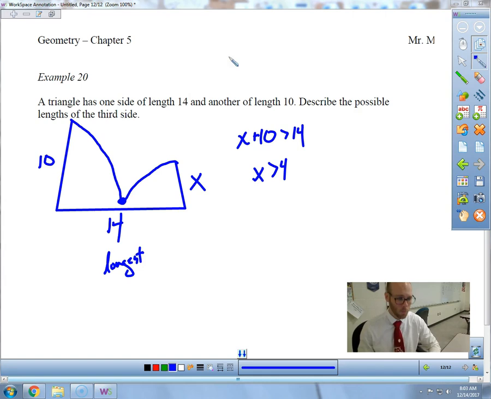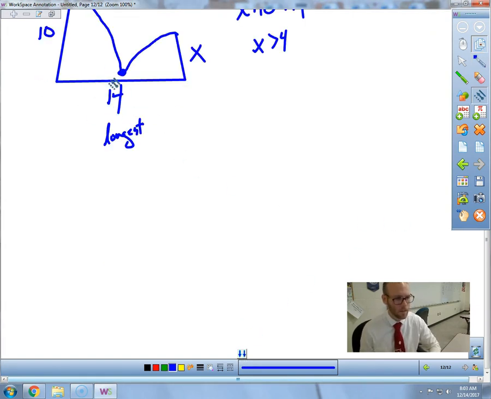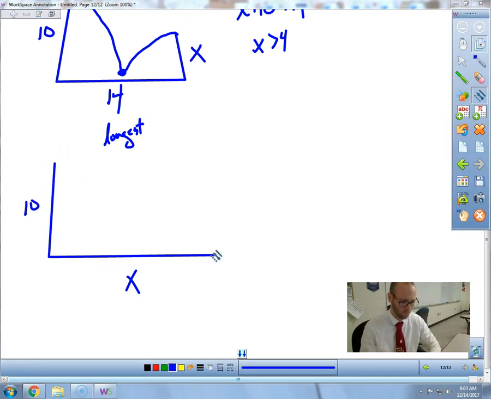That's one situation. The second case, okay, is, well, do we really know that 14 is the longest side? What else could be the longest side? Well, 10 can't be because we know 10 is smaller than 14. Our missing side could be our longest side. So what if this was the x, this is the 10, and that's the 14?